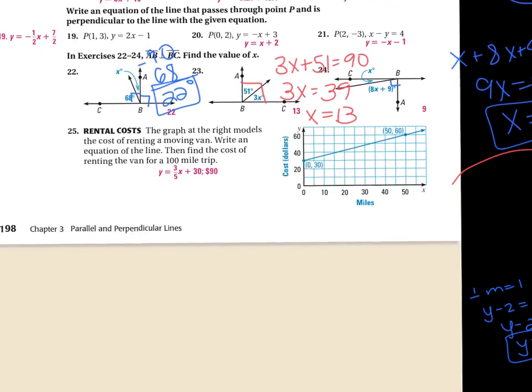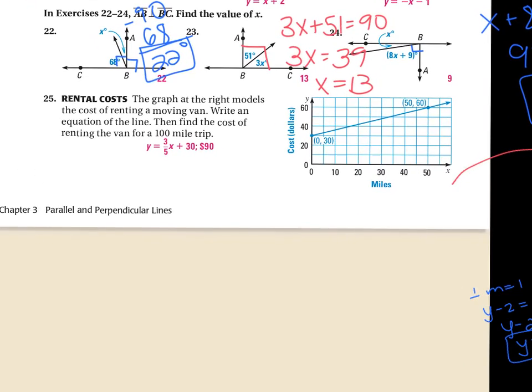The last question on here says, the rental cost, the graph at the right models the cost of renting a moving van. Write an equation of the line, then find the cost of renting a van for a 100-mile trip. So based on this graph, this point here is my y-intercept, so 30 is actually my b. And then this point gives me the other point, so I can do the slope.